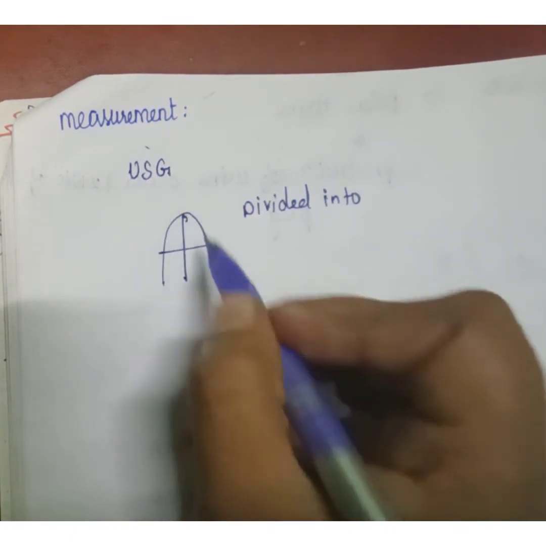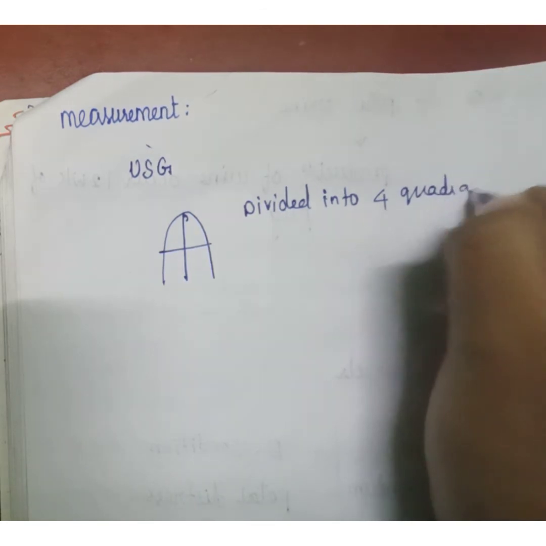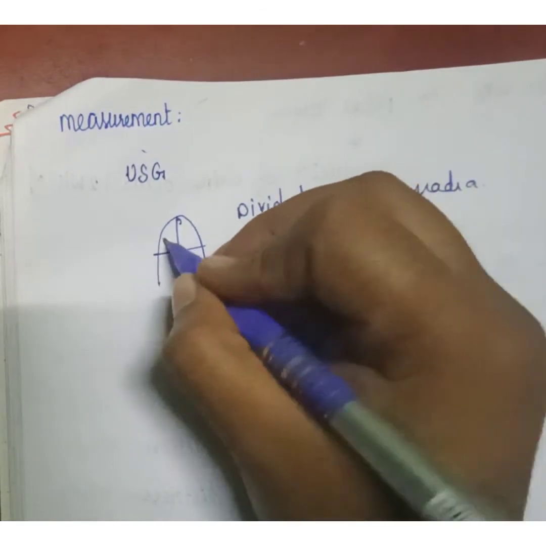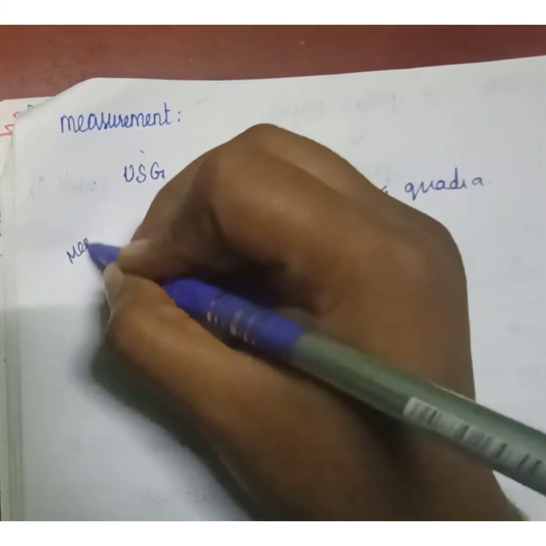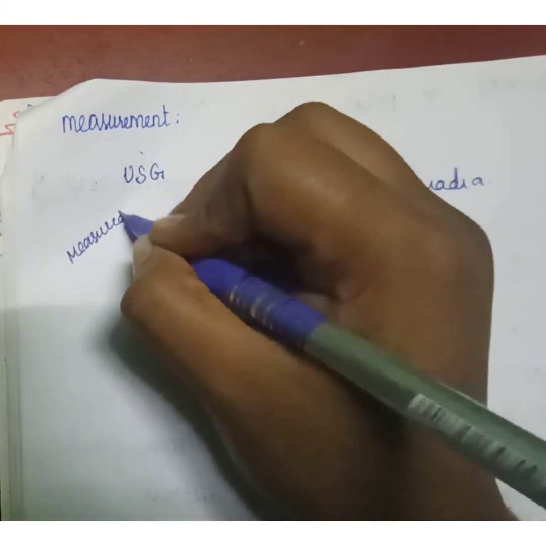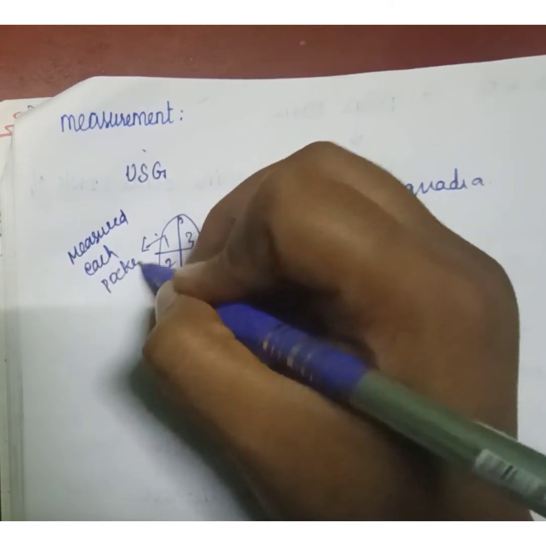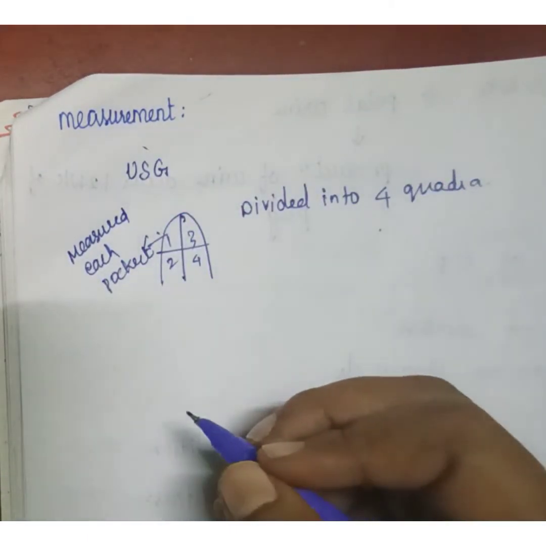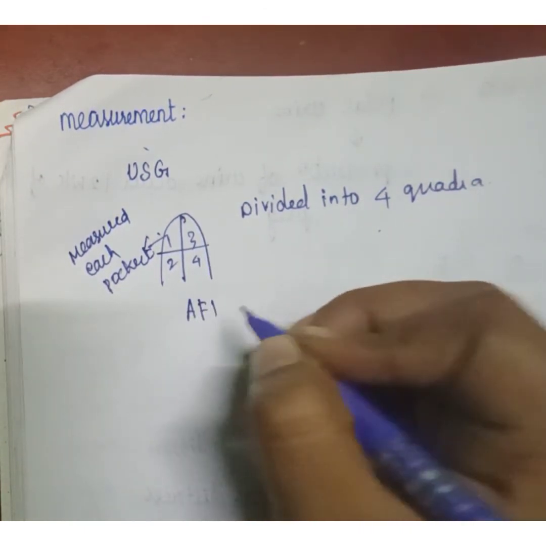It is divided into 4 quadrants, and each pocket should be measured. So it is called the amniotic fluid index.